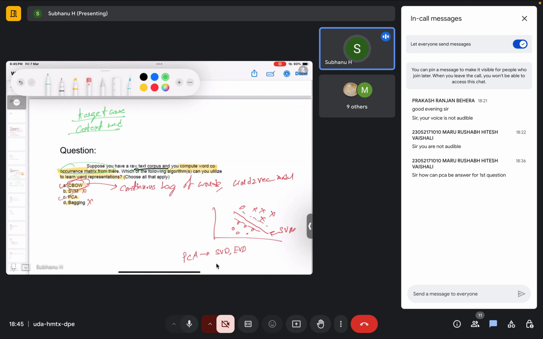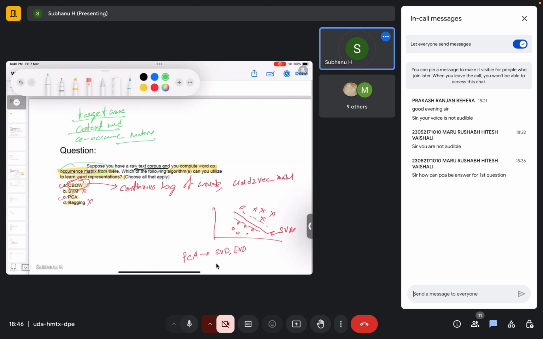The context can in general be defined in terms of document, paragraph, or sentence. For example, "I eat curry with the rice." If curry is my target word, then rice and eat are the context words. Then count the number of times the target word co-occurred with the context word. This is called the co-occurrence matrix.